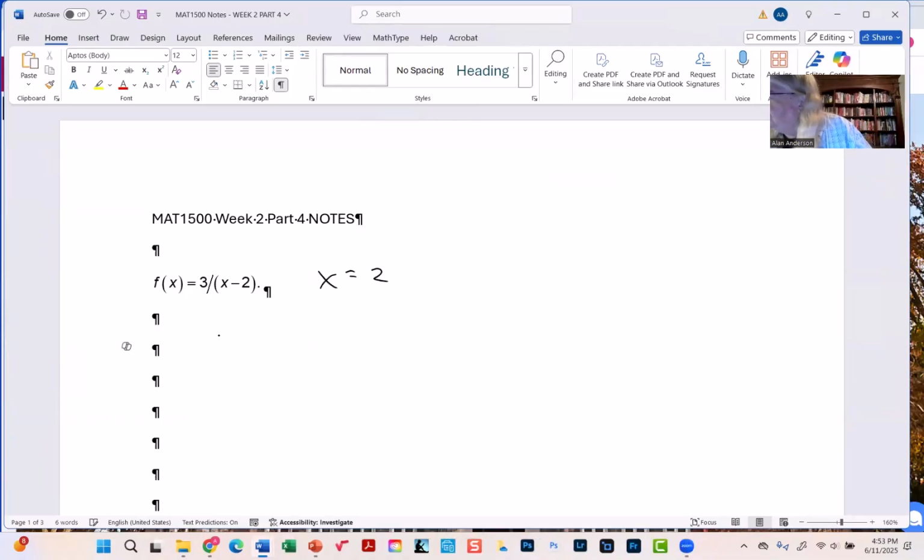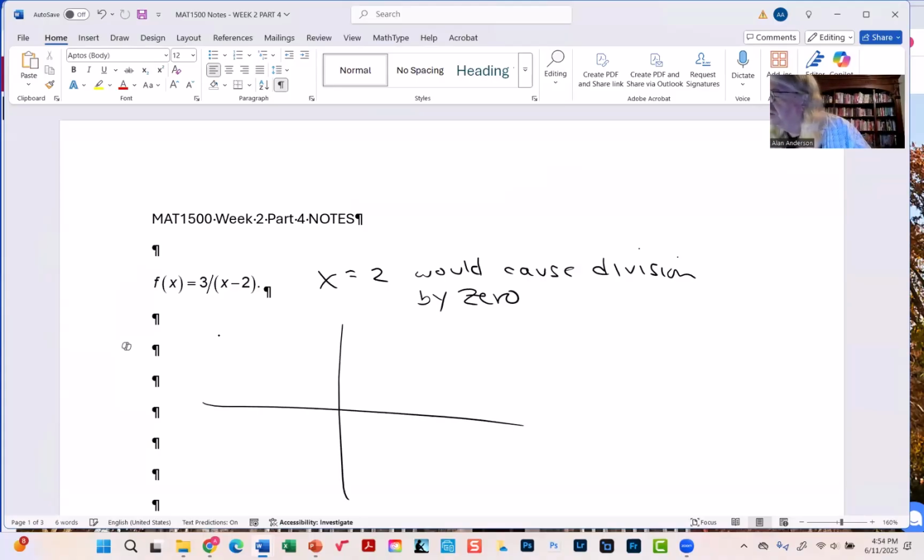X equals 2 would cause division by 0. So therefore, that must be an asymptote, a vertical asymptote of this function. Okay, so whatever it looks like, we know that x can never equal 2.